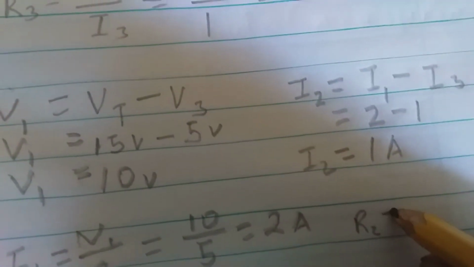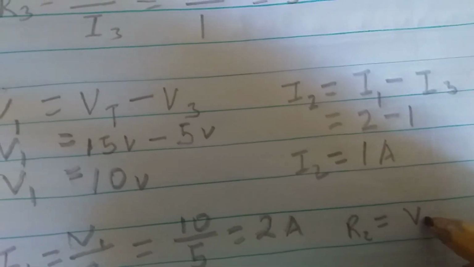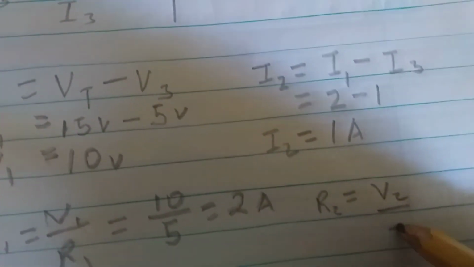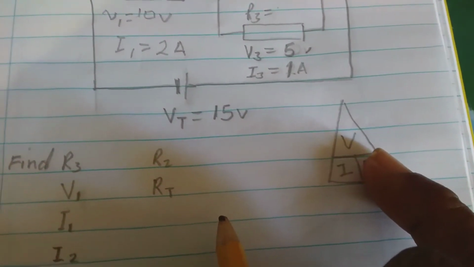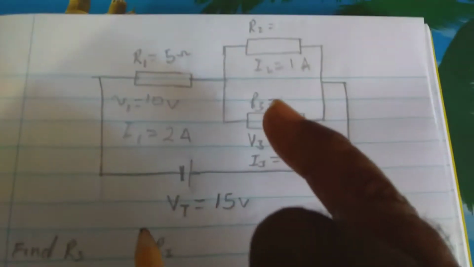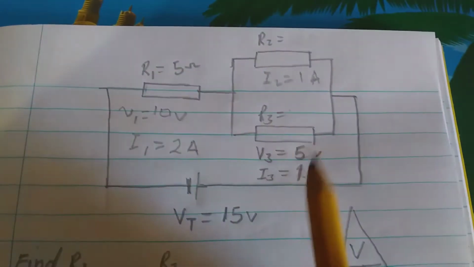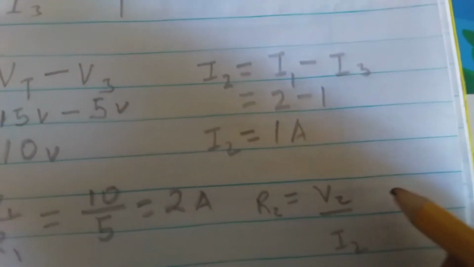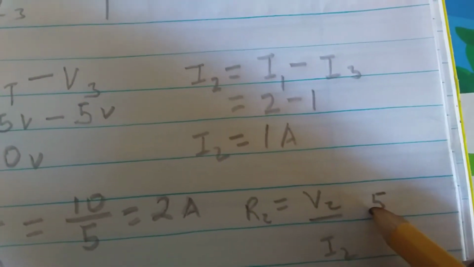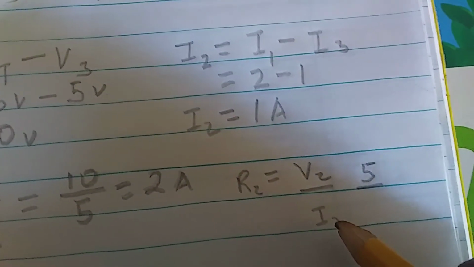We have R2 is equal to V2 over I2. So here we cover R is equal to V over I. So since the voltage in the parallel circuit is constant, we're going to use the 5 volts here. So here we have 5 divided by I2.